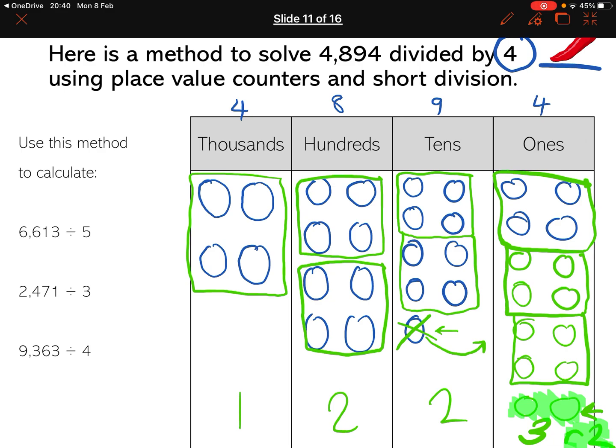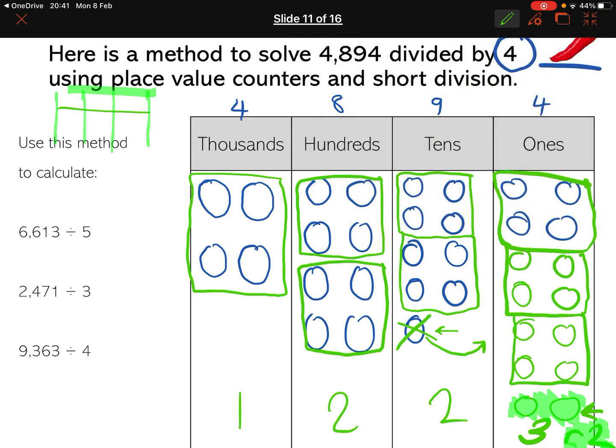What I would like you to do is to use this method to answer these 3 calculations. And I would love to see your working out in this 100 grid. So you might need to draw it a few times. It doesn't have to be really neat. It could just be as simple as that.